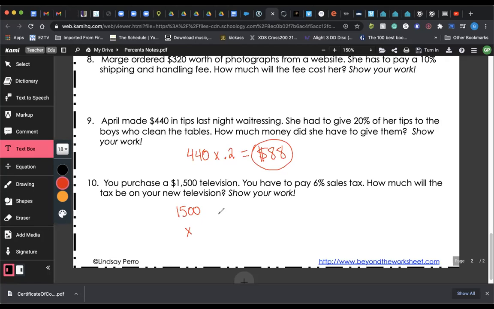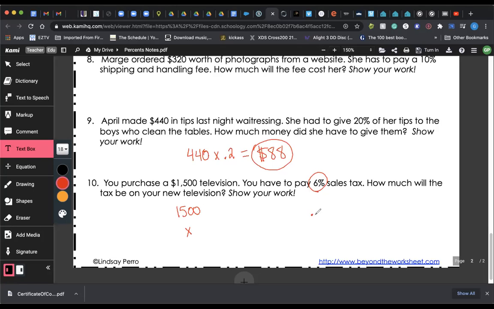What do I have to multiply the 1,500 by? 6%. How do I turn 6% into a decimal? It's going to be what?